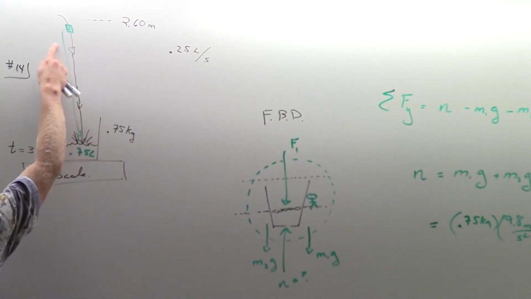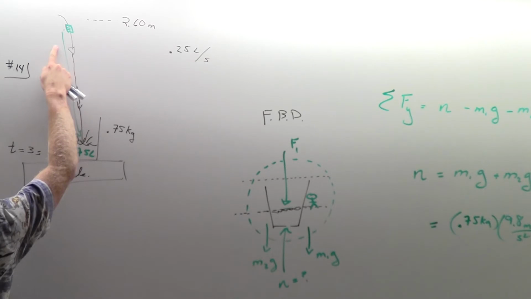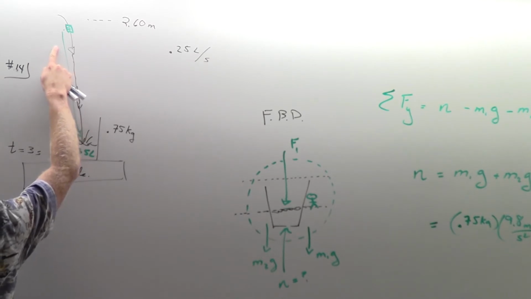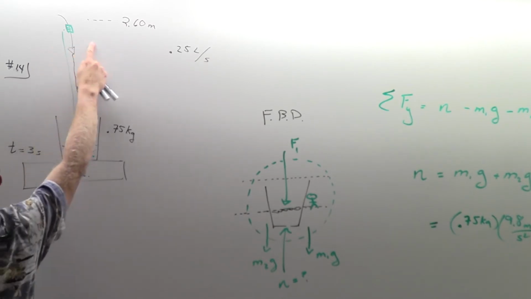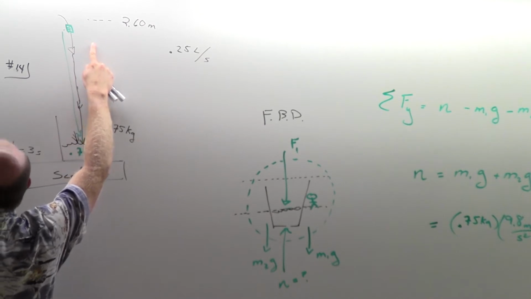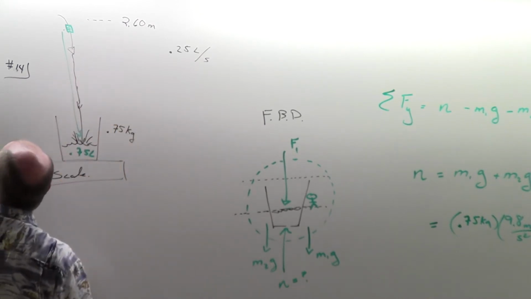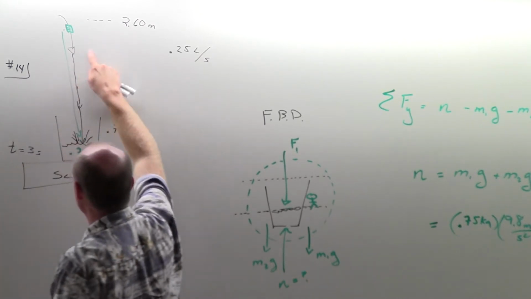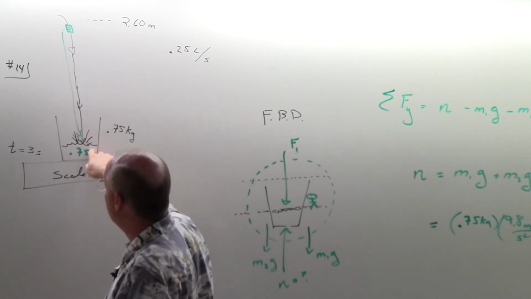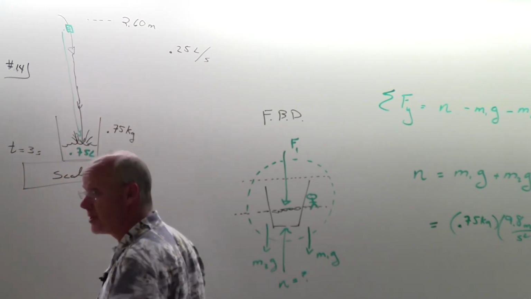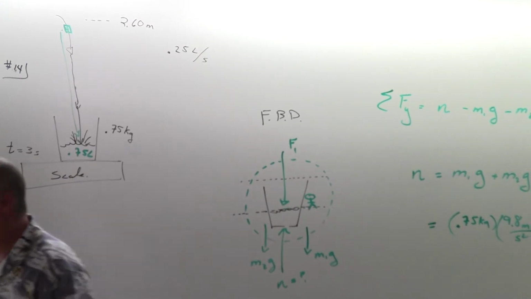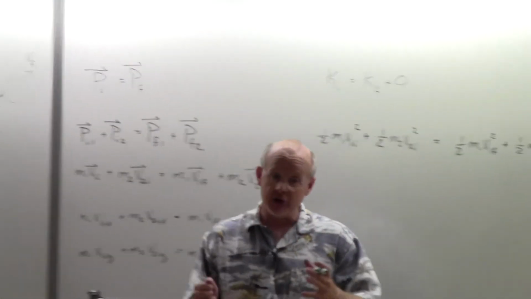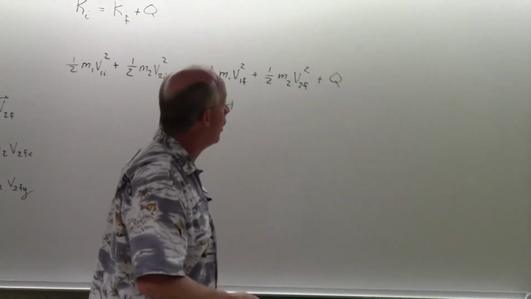And so I could say, well, mgy initial is its initial potential energy, and 1/2 m v final squared is what happens to that energy when it gets down here. So going back to our conservation of energy, and that was my warning for you. Don't forget about this new stuff in momentum, but as you're doing it, remember to use your old stuff.